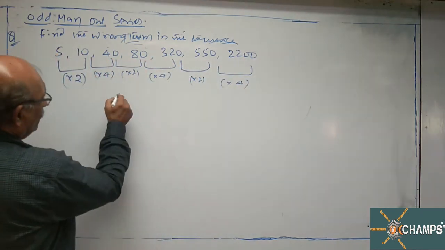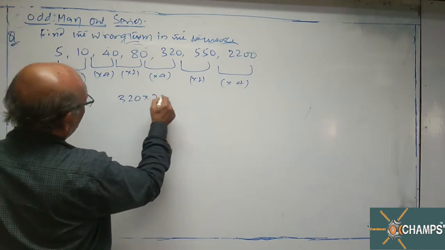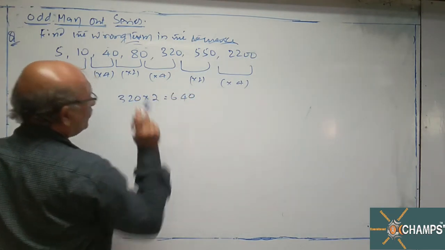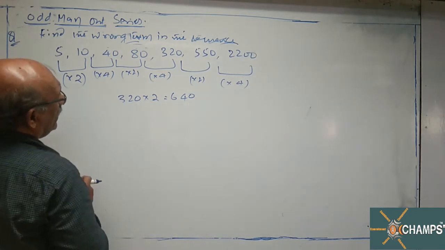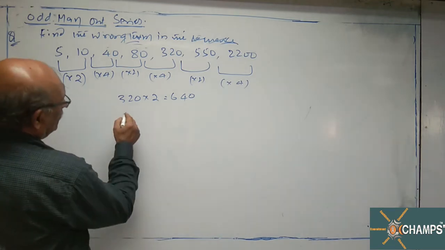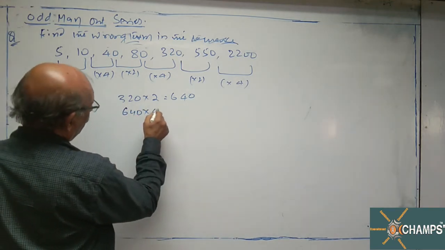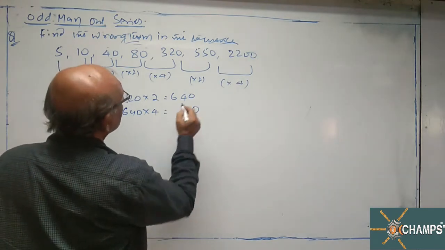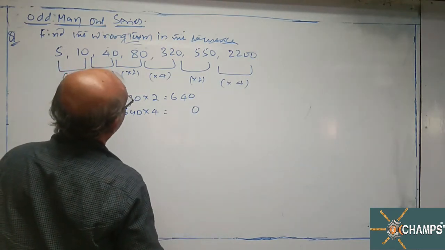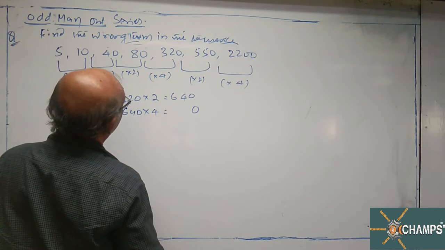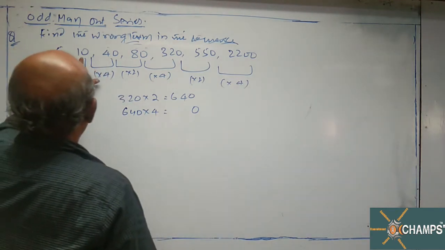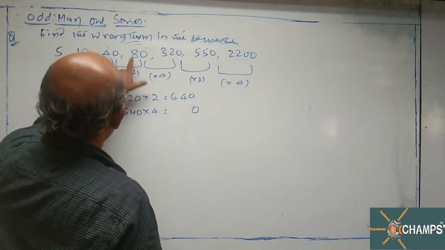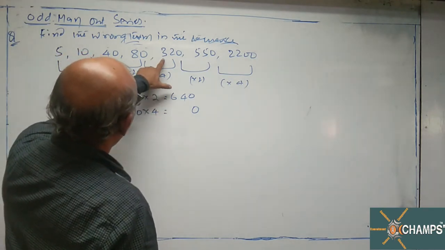320 multiplied with 2 is 640. So 640 multiplied with 4. 5 2s are 10, into 2 is 40, into 2 is 80, into 4 is 320.